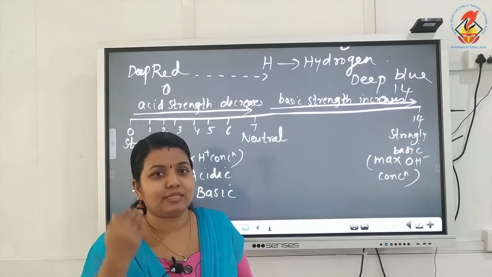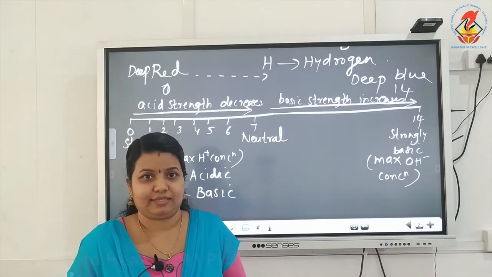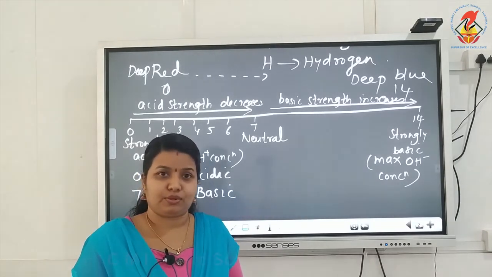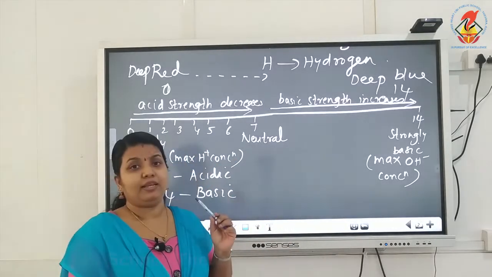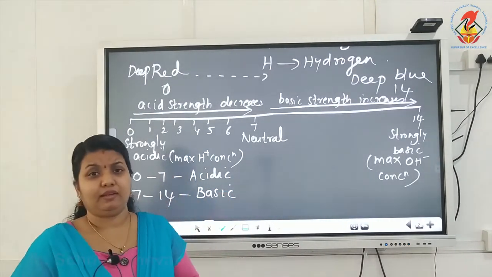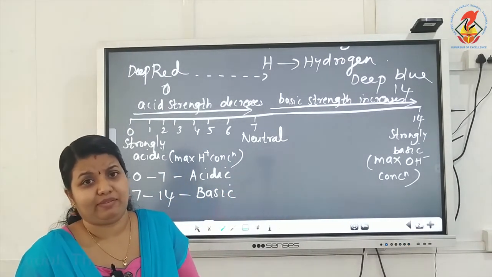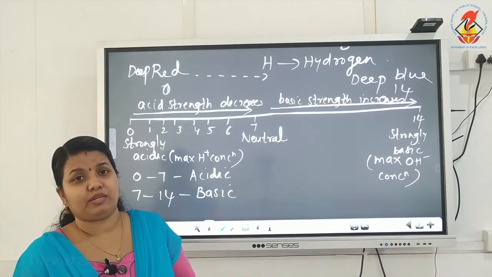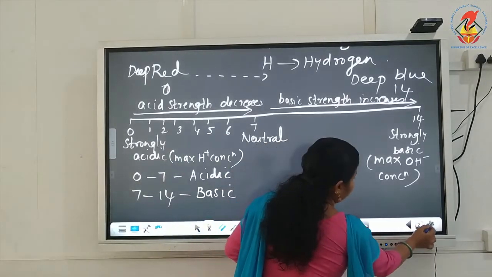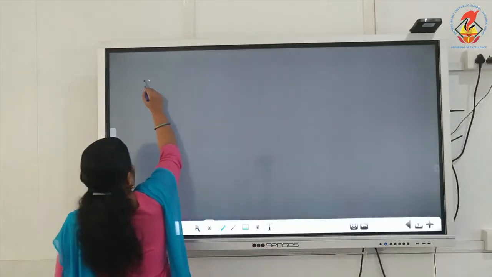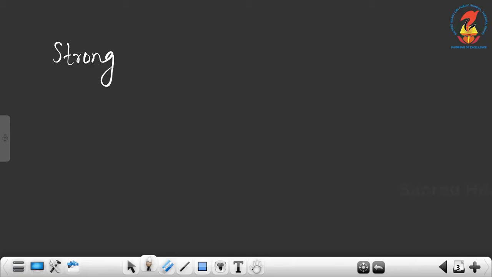As the pH value increases, acidic strength decreases, and the hydrogen ion concentration also decreases. And 7 stands for a neutral solution which has exactly pH value 7. Distilled water, salt solution, sugar solution, etc. have pH value 7 and they are neutral solutions. Now we will see what are strong acids. Examples for strong acids.